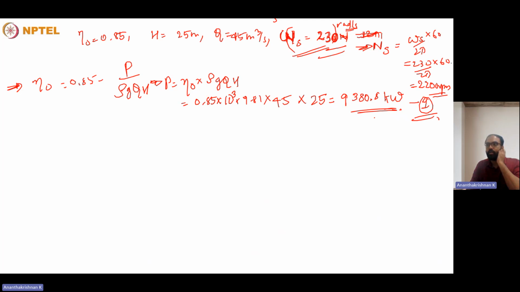Now the next part, we need to determine the RPM or the operational RPM. So that requires a specific speed calculation. So n specific speed is equal to n root p divided by h raised to 5 by 4. So in this particular problem, this is a dimensional form of n.